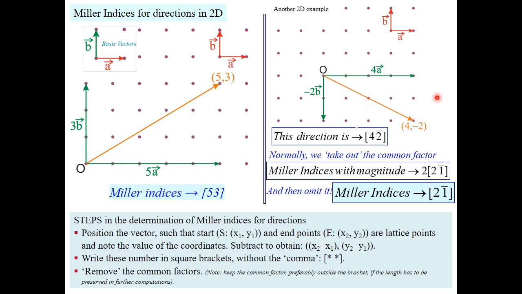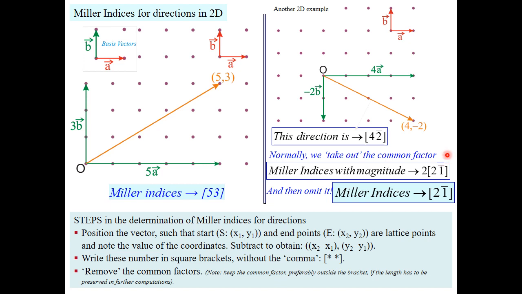Now let's take another example over here, 4 minus 2. You can follow the same procedure in order to obtain the Miller indices. Square bracket 4, instead of minus 2, remember 2 bar. You should not write it as minus 2. Inside the square bracket you should represent it as 2 bar. Now here you can see a common factor.